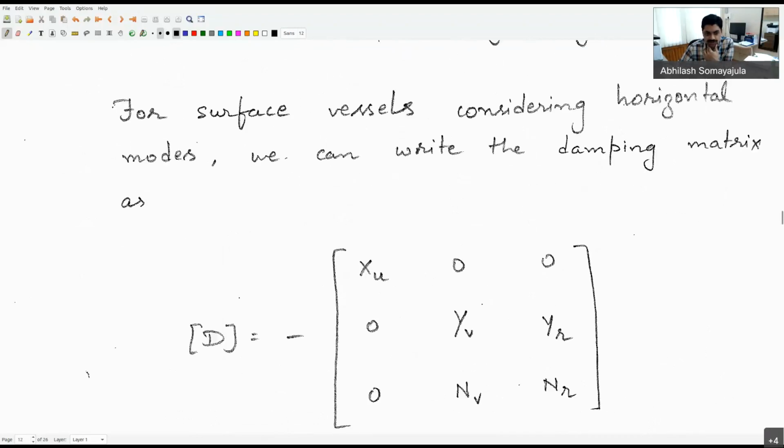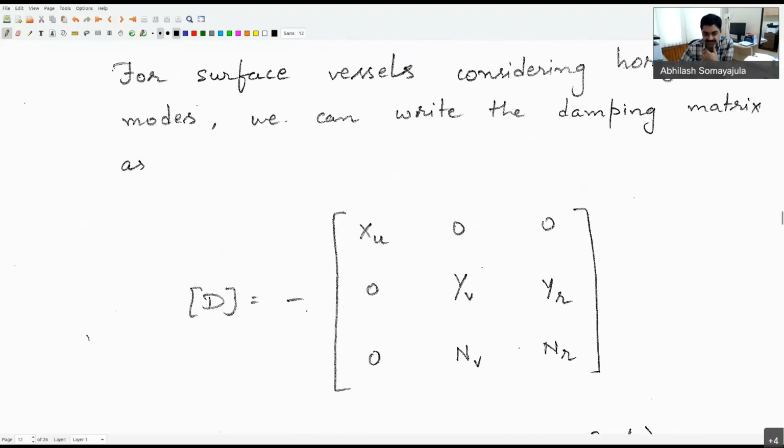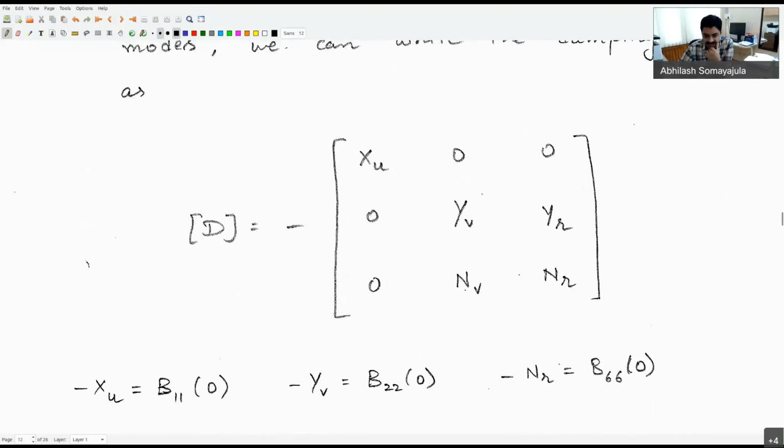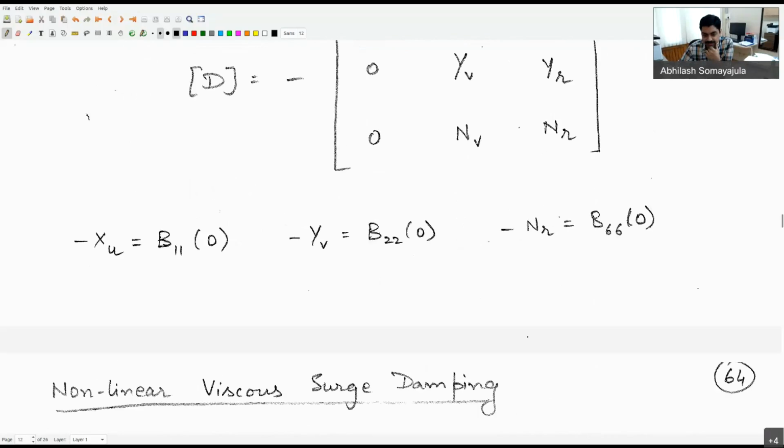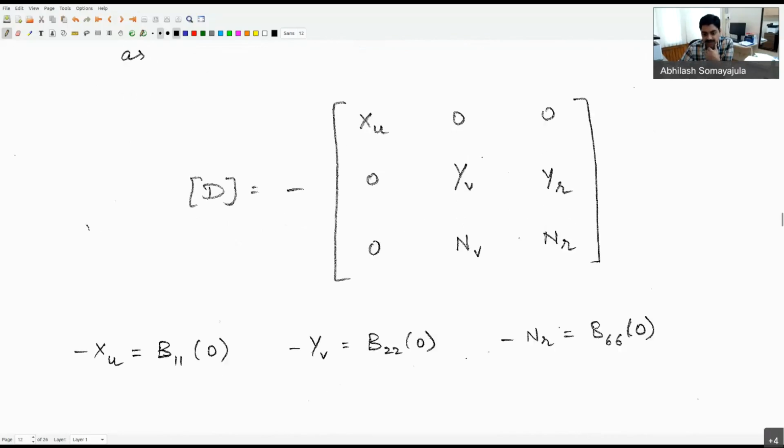When we have a surface vessel, this damping matrix gets simplified a little, and we only have these five terms which are non-zero, and they can be approximated based on the zero frequency damping. Remember that typical radiation damping will be zero at zero frequency when there is no forward speed.